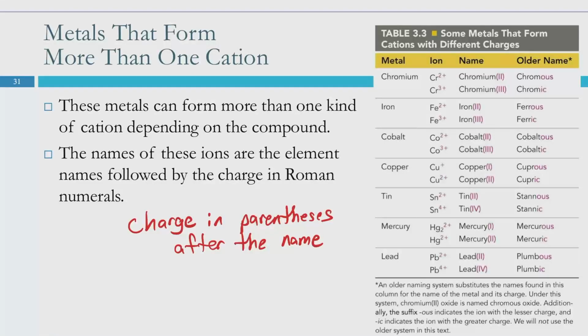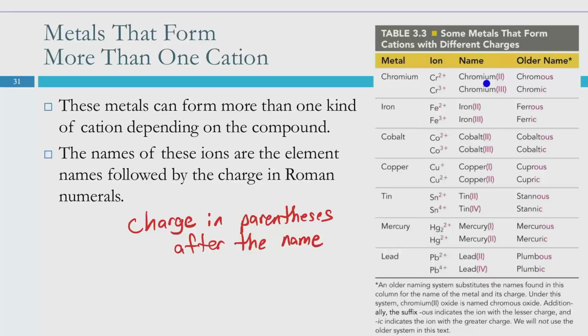We love stock notation. Even if you don't love the notation, trust me, you love it, because the other option is the older notation. In the older notation, we've got endings of OUS or IC. So you take the base name, chrom in the case of chromium, and you add OUS or IC, and that refers to one of two different options.